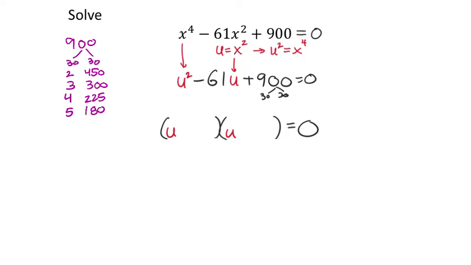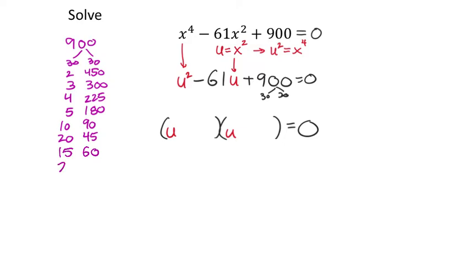If you were to add these even as negatives, they wouldn't get you to -61. That'd be too high. I'm going to skip the 10, so 10 and 90. Getting a little closer to 30 and 30. What about 900 divided by maybe 20? Let's try that. So I got 20 and 45. That's close. If we make those both negatives and add them, we get -65, so that's kind of close. 900 divided by 15. Well, I did have 15 and 60. So again, I guess I got further away there.